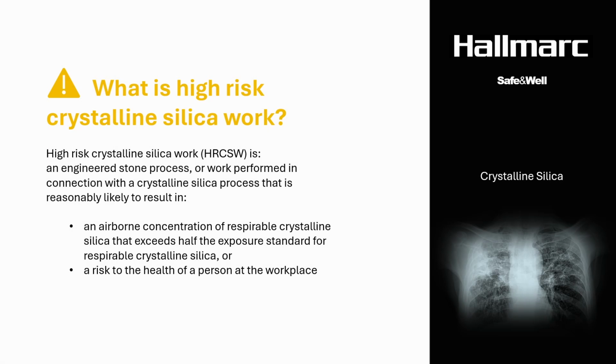High-risk crystalline silica work is an engineered stone process, or work performed in connection with a crystalline silica process that is reasonably likely to result in an airborne concentration of respirable crystalline silica that exceeds half the exposure standard for respirable crystalline silica, or a risk to the health of a person at the workplace.